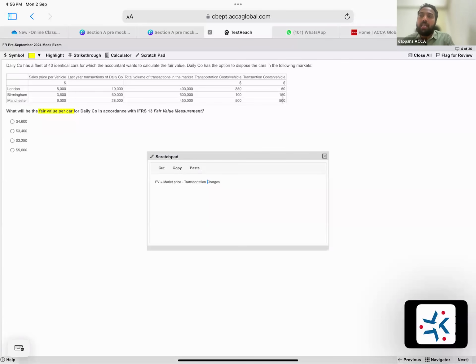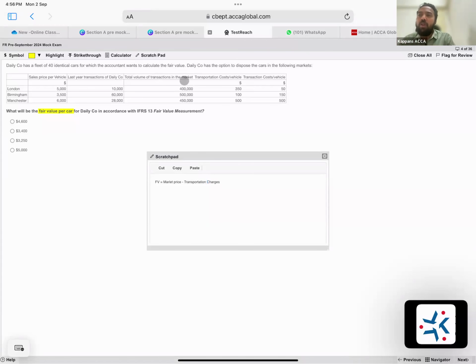You have learned that in IFRS 13, if an entity can sell an asset or settle a liability in multiple markets, we have to consider which is the principal market. Principal market is the market in which there is maximum activity for the asset.